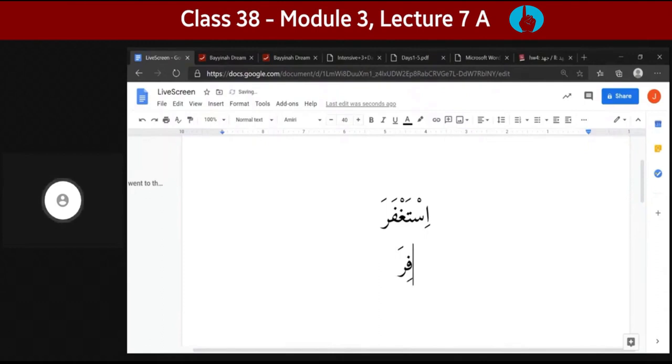And then everything else that has a vowel will take dhamma, will take u. So the first one changes from e to u. The sin stays the same because it doesn't have a vowel. The ta changes from a to u, and then the ghain stays the same because it doesn't have a vowel. And then you're done. You leave the last letter alone. The second last letter takes e, and all other vowels become u. And that's how we go from istaghfara active to ustughfira passive.